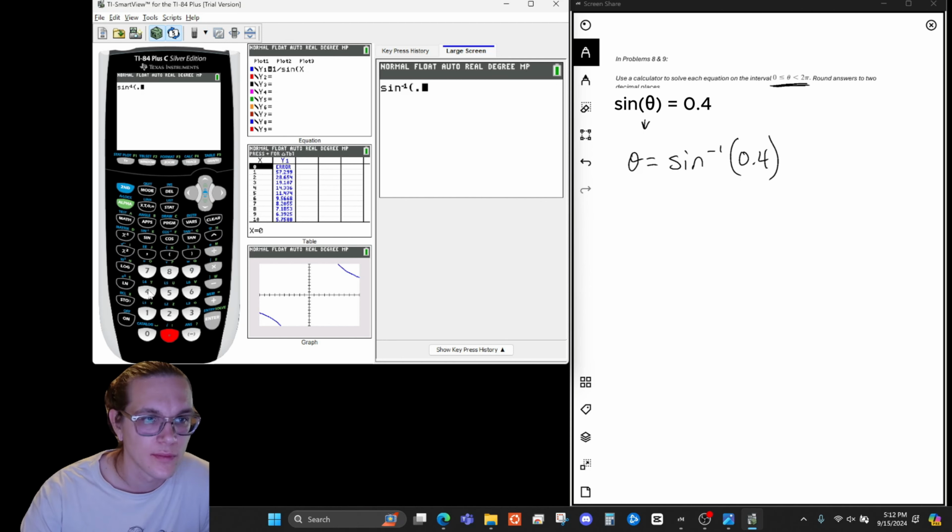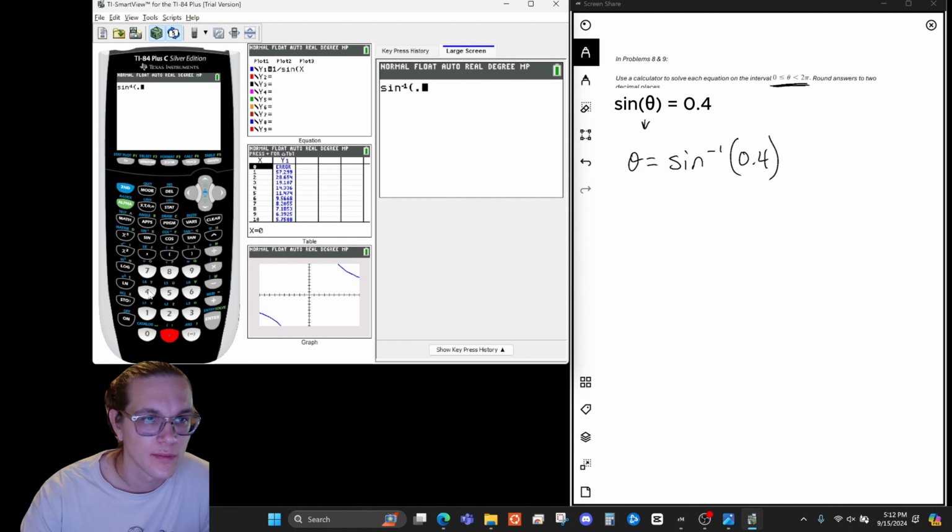I think it's going to give my answer in degrees, but let me do radians instead. Okay, same thing, but in radians. So theta equals approximately 0.412 if I round. 3 decimal places is always nice. Oh, it says to round to 2 decimals, so we'll do that instead.